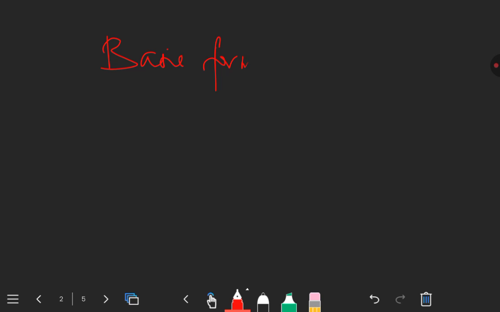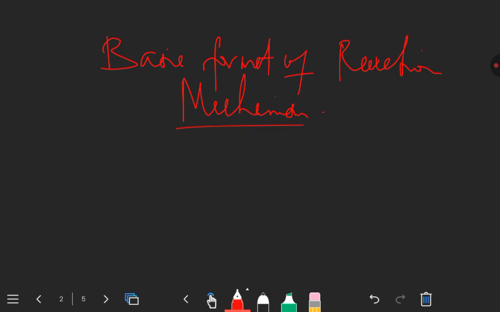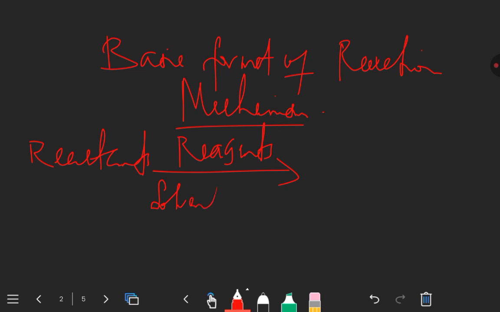Basic format of a reaction mechanism. So the basic format would be the reactants, then here you put the reagents which you're going to use, and also it could be you have the solvent, or maybe you can put the conditions you must apply, then what will be the end product after the reaction is successful.